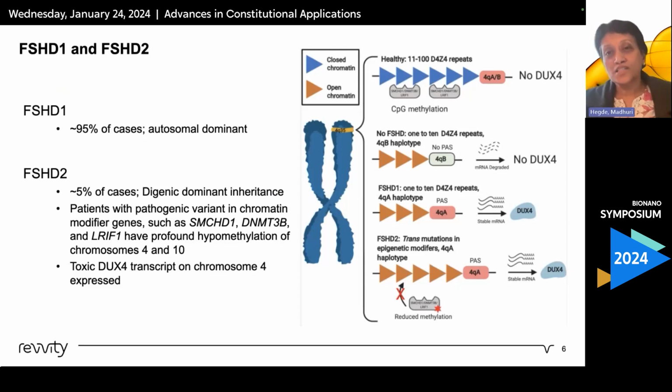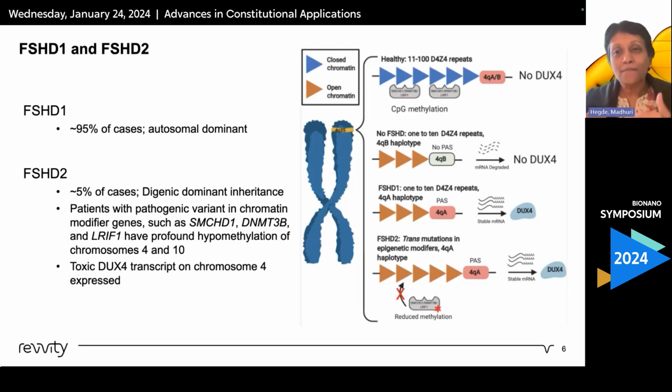The first one is for the contraction of the 4QA allele, which leads to expression of the DUX4. And then the FSHD2, which is the mutations which act as epigenetic modifiers and thereby reduce the methylation or cause hypomethylation and thereby expression of the DUX4 gene.